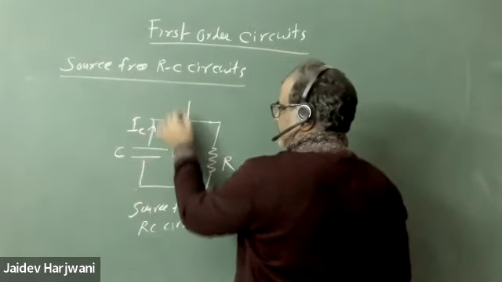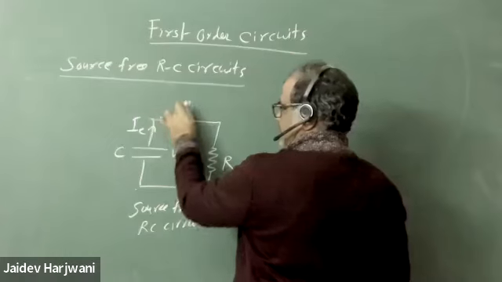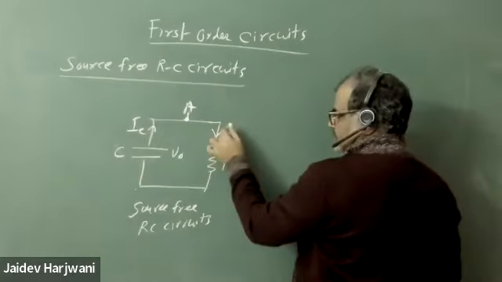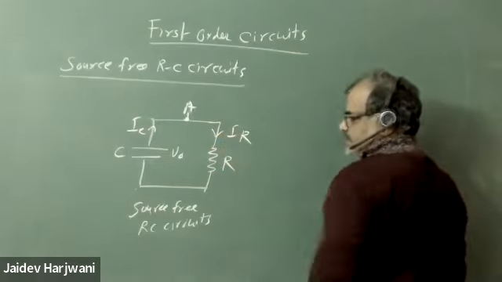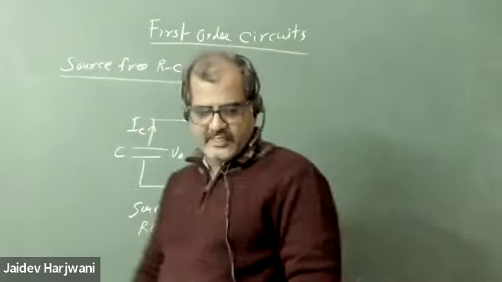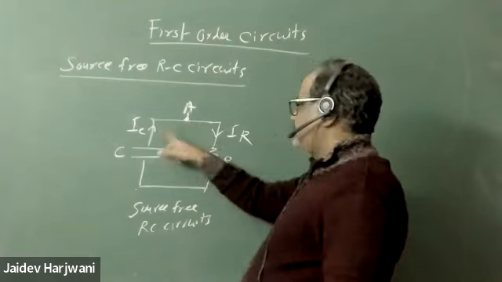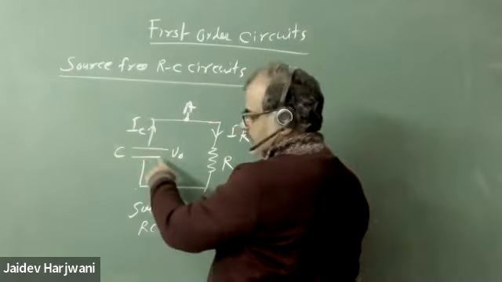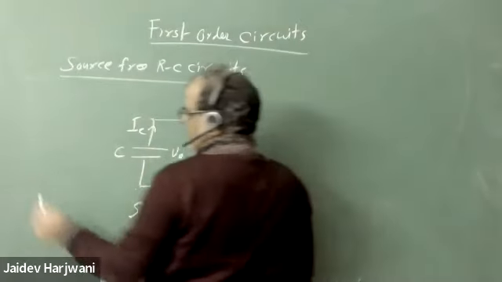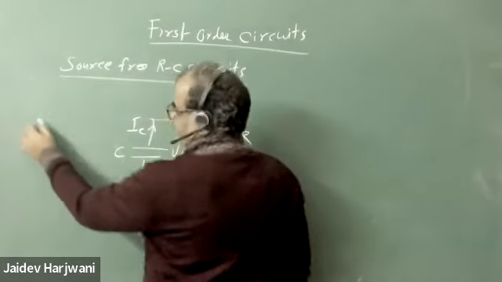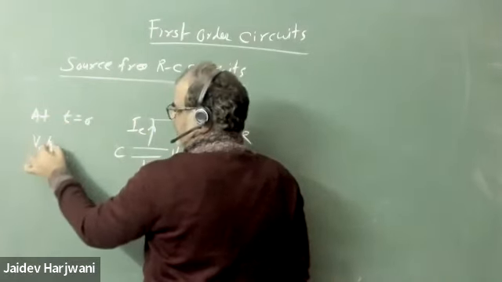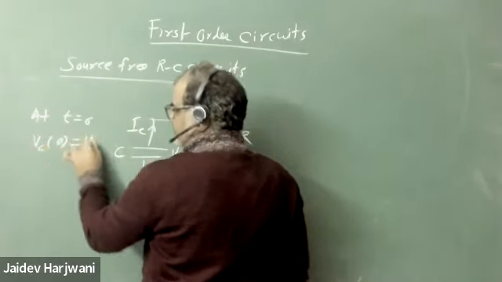Suppose this is a node A, and this current will flow through the resistance. This current is IR. Both currents should be the same. Now the capacitor will get discharged. The initial voltage of the capacitor is V naught, so at t equals 0, VC(0) equals V naught.